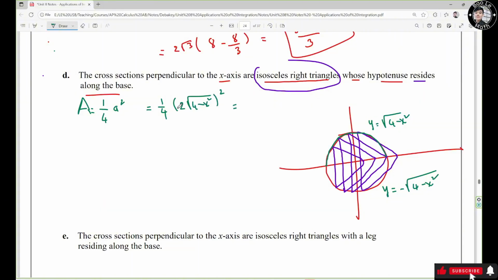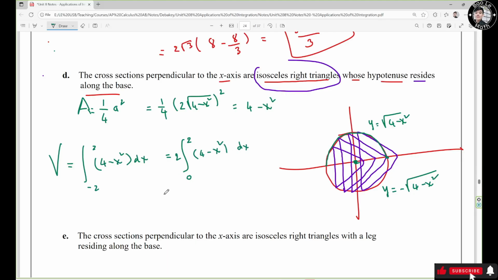If I square this one, I get 4. 4 and 4 cancel out, so this one turns out to be 4 minus s squared. So the volume is the integral from negative 2 to 2 of 4 minus s squared ds, and this turns out to be 2 times the integral from 0 to 2 of 4 minus s squared ds.